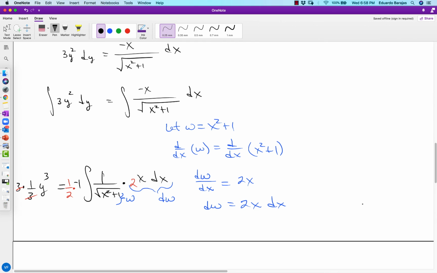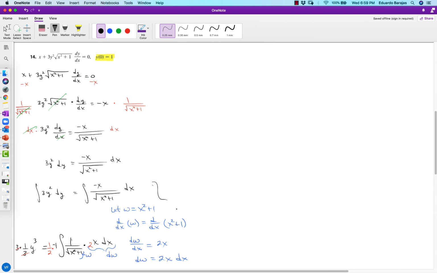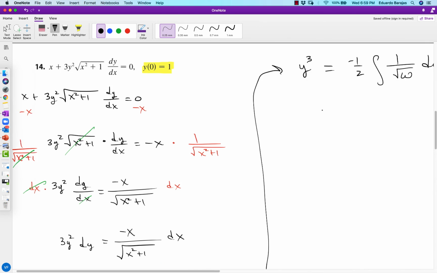This then is equal to, right, all of that leads me to say that on the left-hand side, I just have y to the third power is equal to this negative 1/2 integral of 1 over the square root of w dw. All of this is my dw, and I have 1 over the square root of w. Okay, let me zoom in here for a little bit.